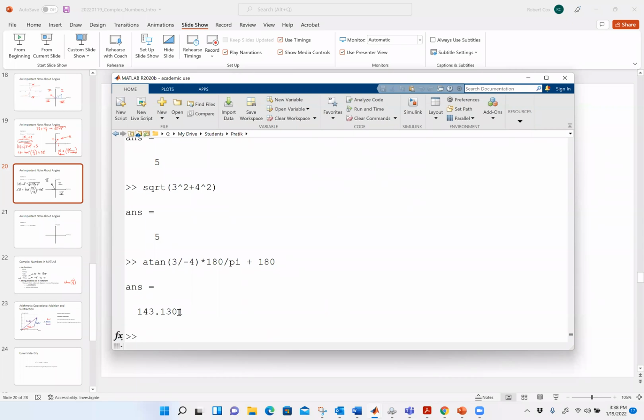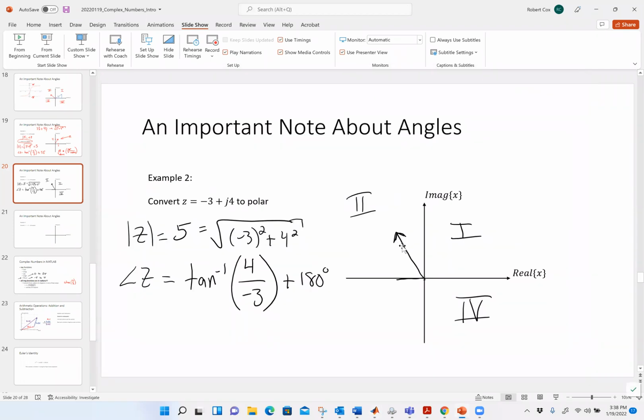Now it tells me that's at 143 degrees. That looks about right to me. Again, 143 degrees makes sense, because I know this point right here would be 90 degrees and this point right here would be 180 degrees.